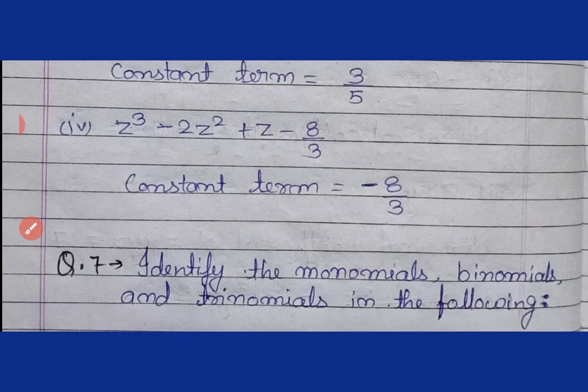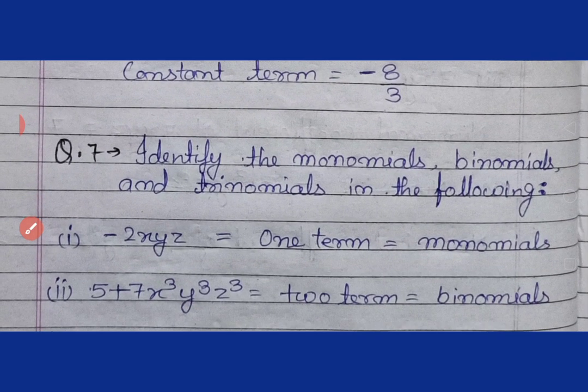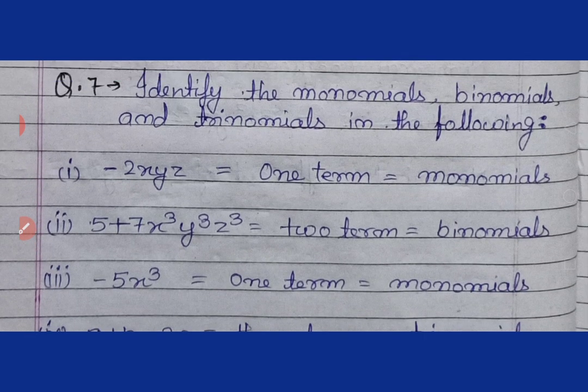Now we have to identify monomial, binomial and trinomial. Listen, we have to know that if only one term is given in an algebraic expression, that expression is known as a monomial.